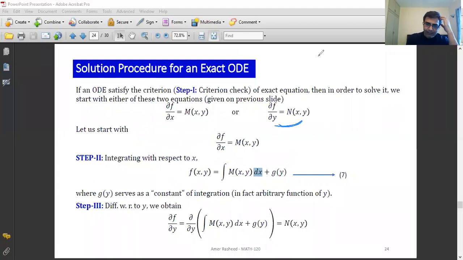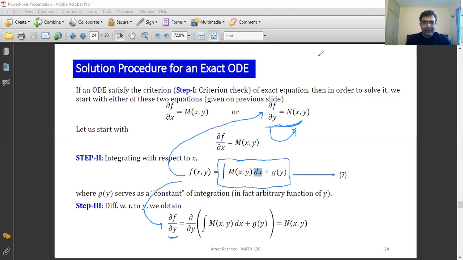If we take the partial derivative of f with respect to y, we can put that equal to n of xy, which is given in the equation. So we take the partial derivative of this whole thing with respect to y, and we put it equal to n by using this second equation.